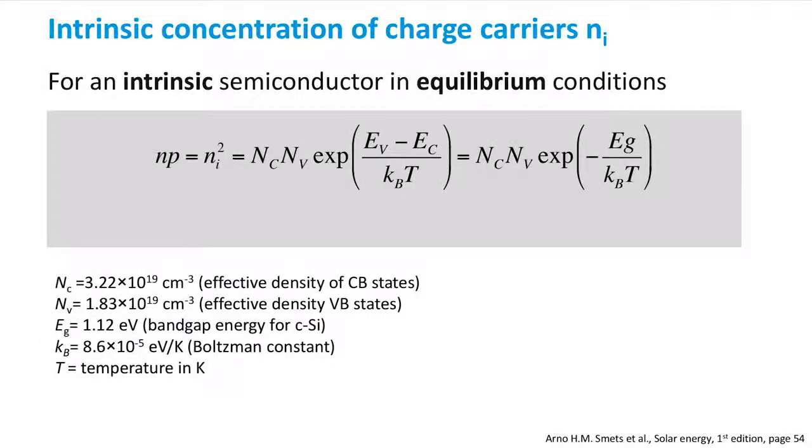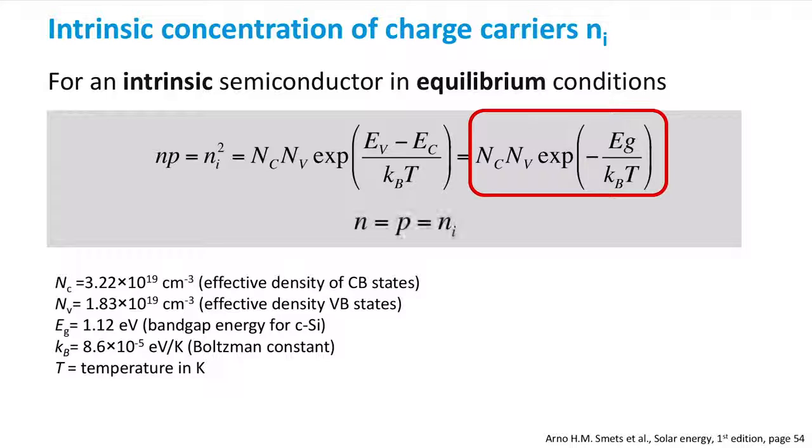This product can be calculated as follows. In the simplified expression, we can see that Ni is just dependent on the band gap, temperature, and effective densities of states. In a fully intrinsic semiconductor, since N and P are equal, they are both equal to Ni.